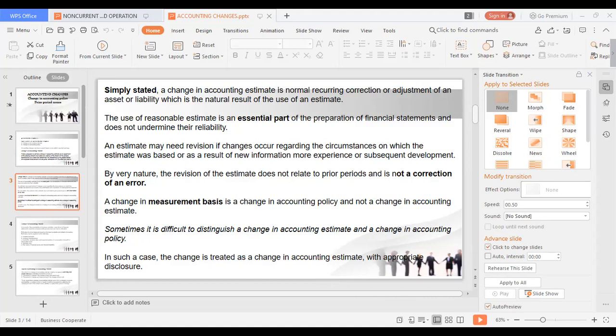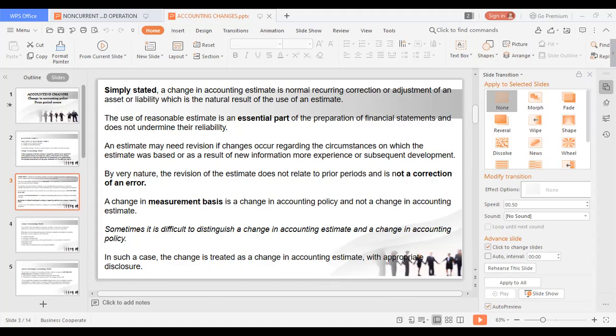Now, as 10 years given above, so we have 300,000 a year multiplied by 5 years. That's on January 1, 2020 or December 31, 2019. So we have now the accumulated amortization of 1.5 million.